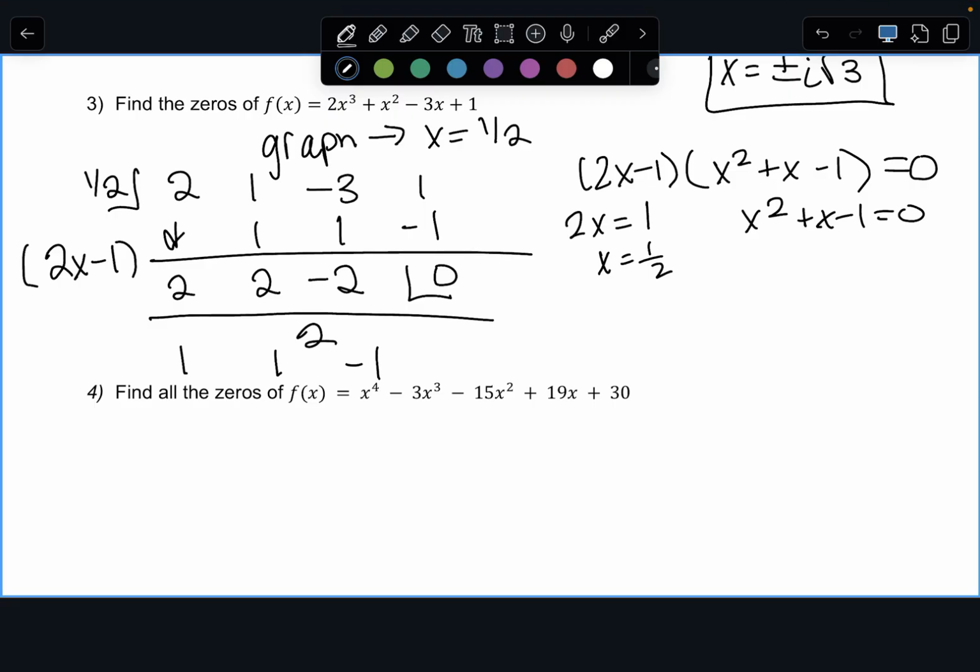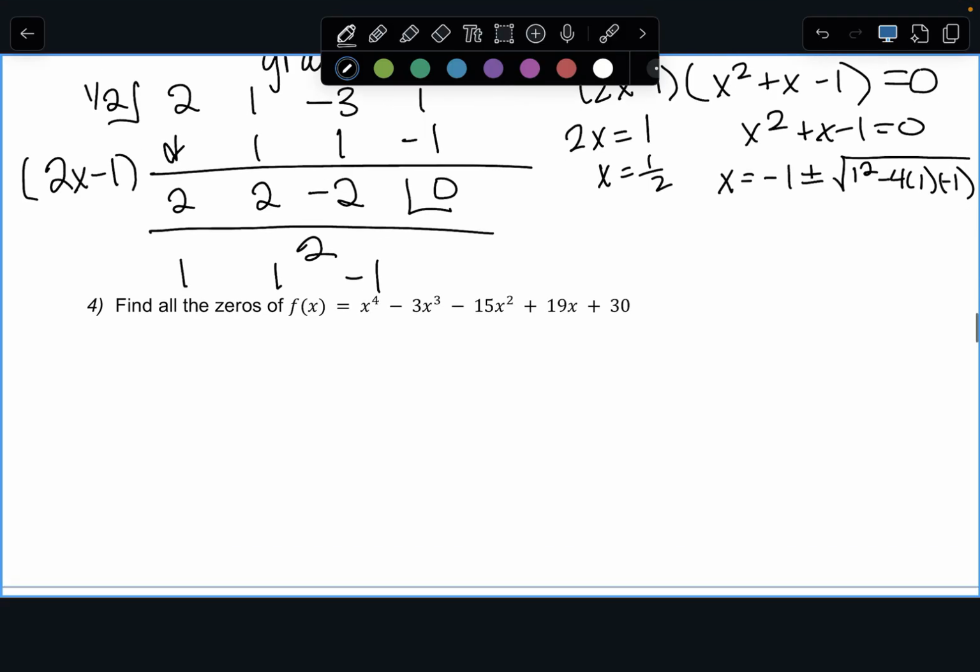We get 1/2 for the one on the left, and then we'll have to quadratic formula the one on the right. So we get x is equal to -b plus minus square root of b squared, so 1 squared, minus 4 times a times c. 4 times 1 times -1.